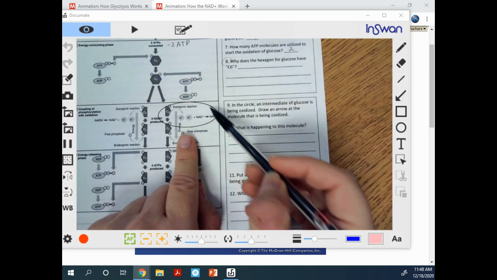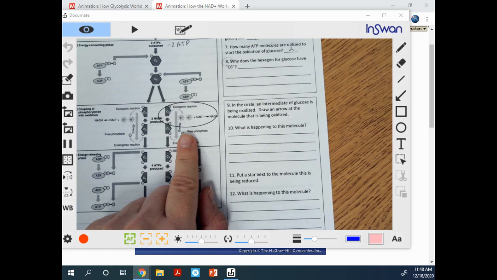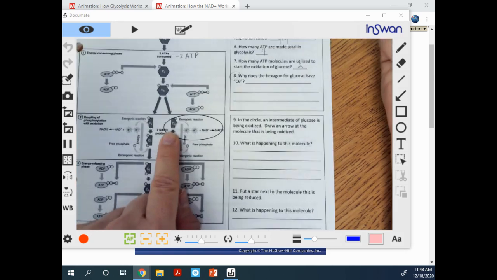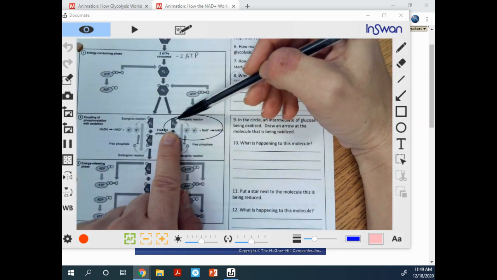So in this circle, I'm showing you some molecules there. Which molecule is being oxidized and which molecule is, as number 11 is saying, getting reduced. Okay, so oxidation is losing. Do you see how this intermediate that says C3 on it has a phosphate group on it, by the way? See how we do those phosphate groups?